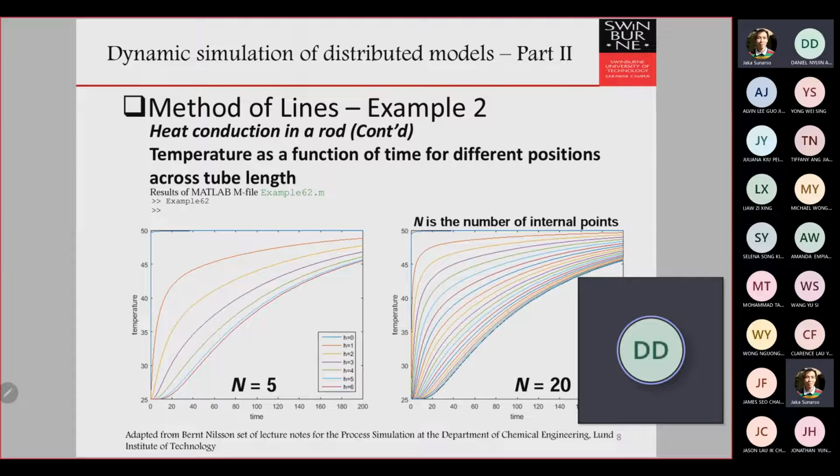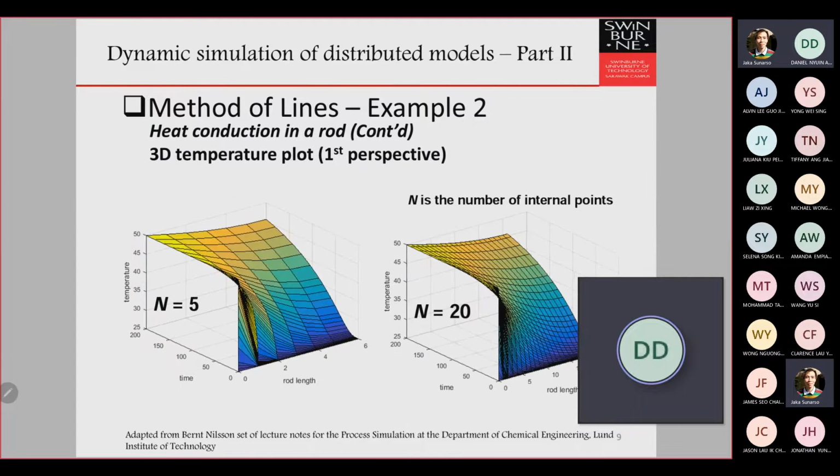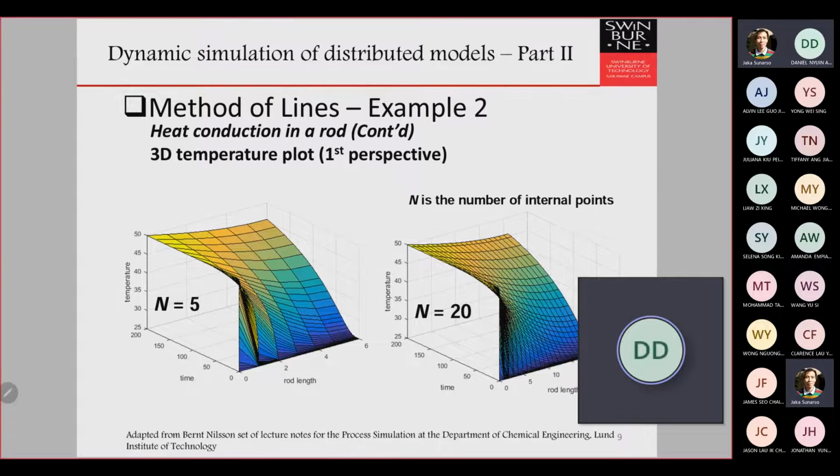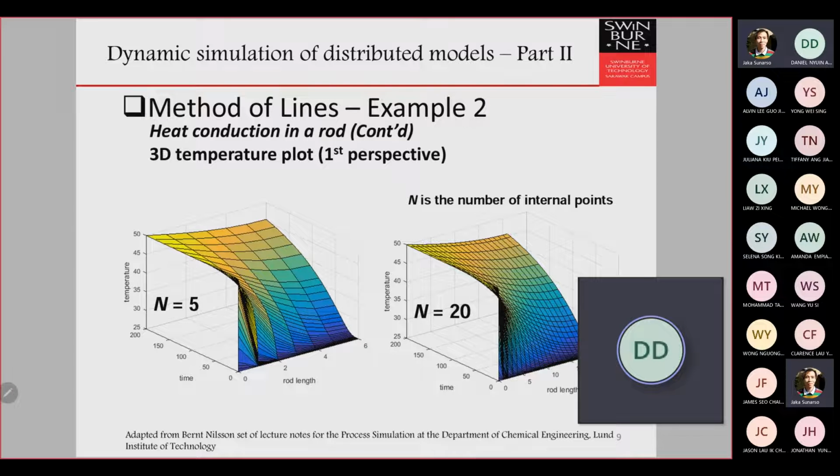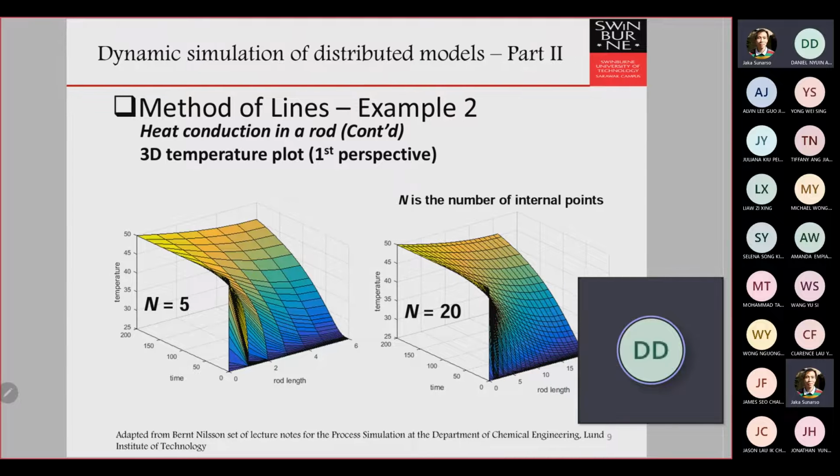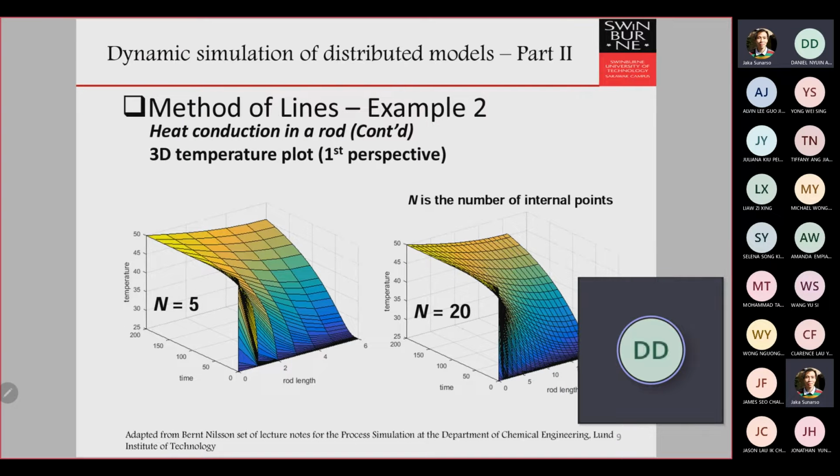If we want to get higher resolution, we can use more internal grid points. We can also plot it in terms of the 3D temperature plots, where one coordinate will be the time, the other coordinate will be the rod length, and the vertical axis will be the temperature. So we can produce a better resolution if we use higher internal grid points.